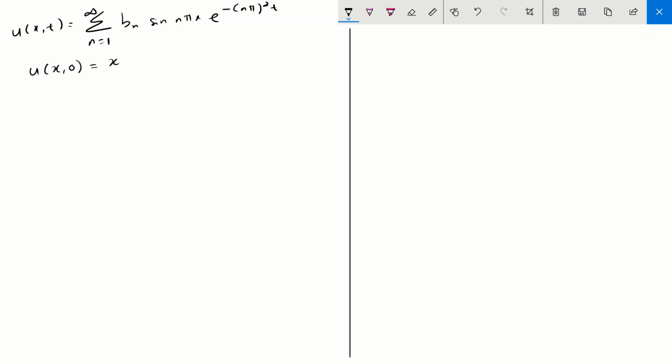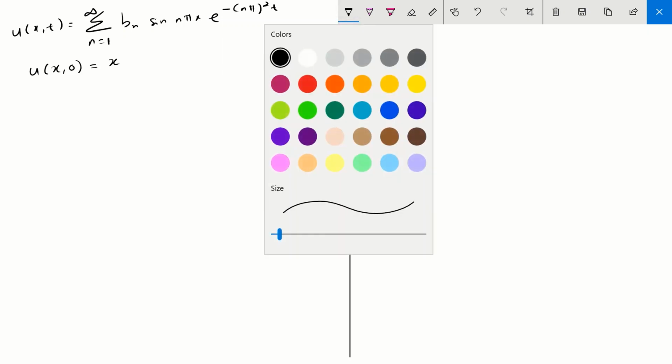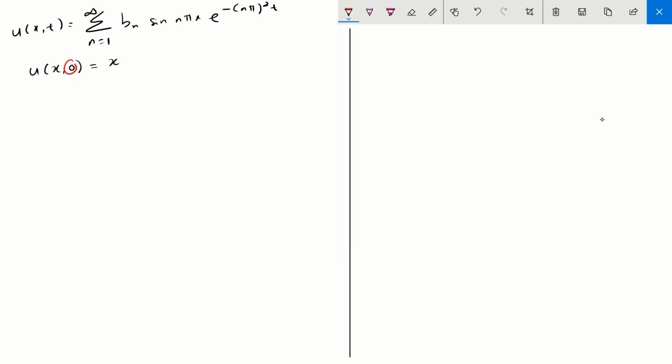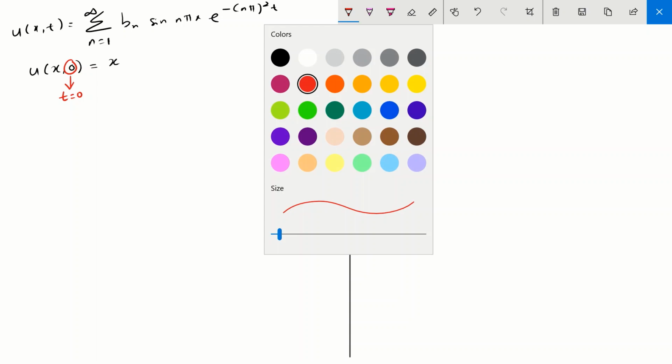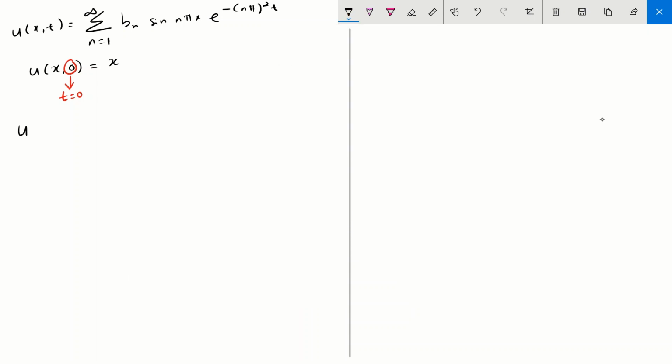So we're going to apply this initial condition. This is when t equals 0. We're going to substitute into u(x,t), so we get u(x,0) is equal to, with t equal to 0, exponent 0 is 1.